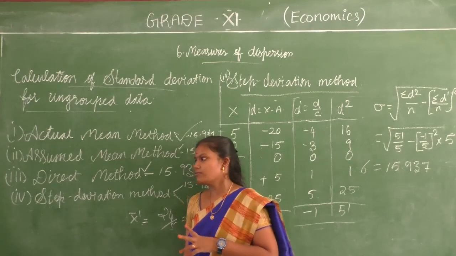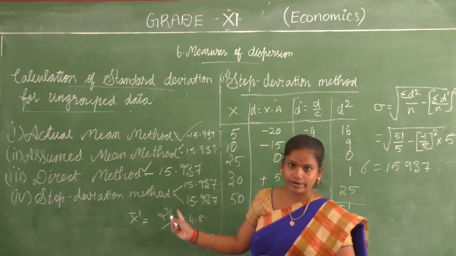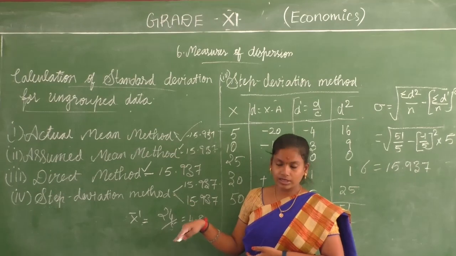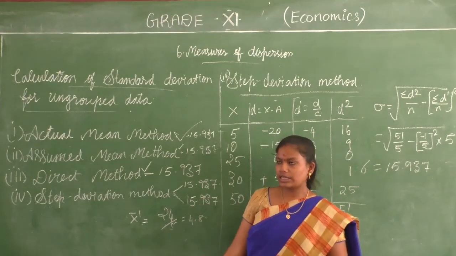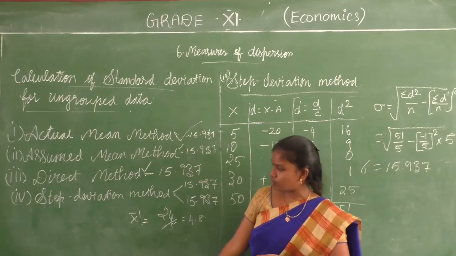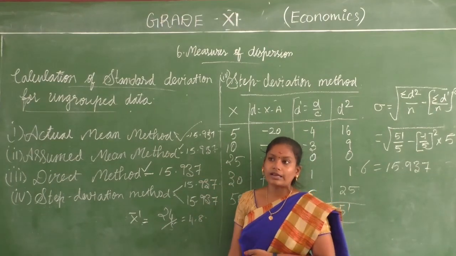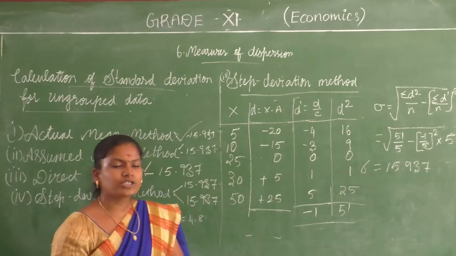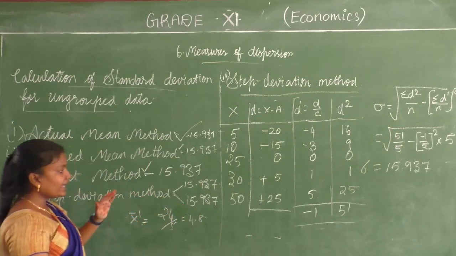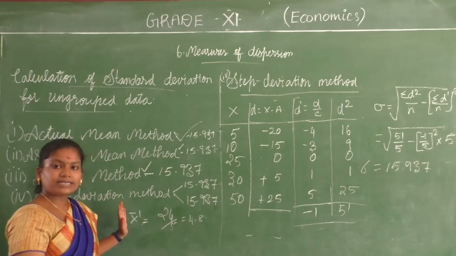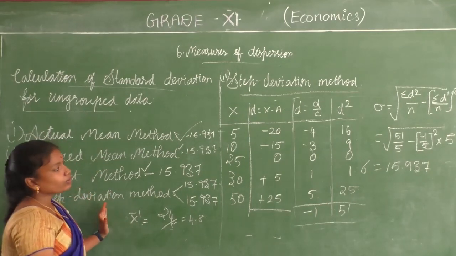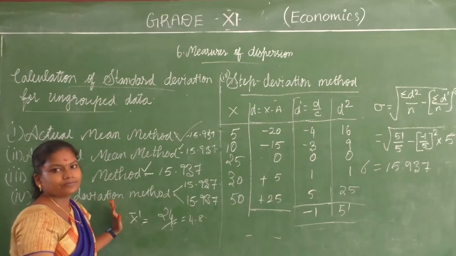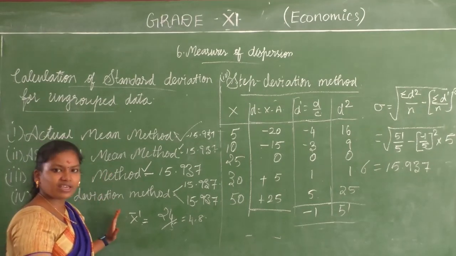Step deviation method has two types already. But whichever method you choose, the standard deviation you get is the same. That is what we have tested. You can use it for verification.